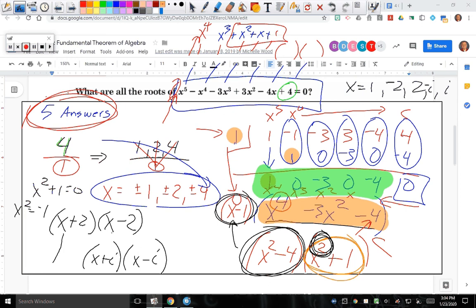Here's a question for you. When we did it with synthetic division, what happened that allowed me to not do rational root theorem anymore? The two zeros. The two zeros happened, which made it a lot easier for me. That's a big one right there.